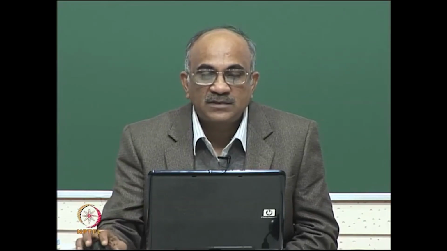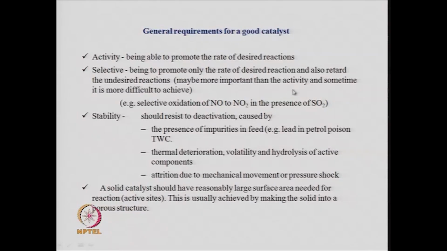So, it has to be very selective, and this is sometimes more important than the activity, and sometimes it is more difficult to achieve. Selectivity of a catalyst is highly desirable, and sometimes it is quite difficult to get a catalyst which is very good in terms of its activity, but maybe not so good in terms of its selectivity.